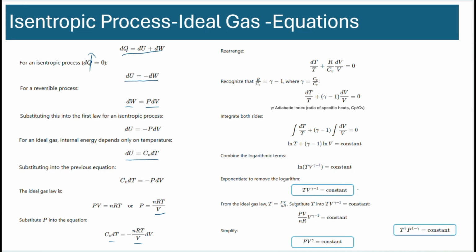You could further substitute the relationship between PV and RT to get the relationship between pressure and volume, where the volume here is specific volume, and temperature and pressure. These are the isentropic relationships between pressure, temperature, and specific volume for an ideal gas.